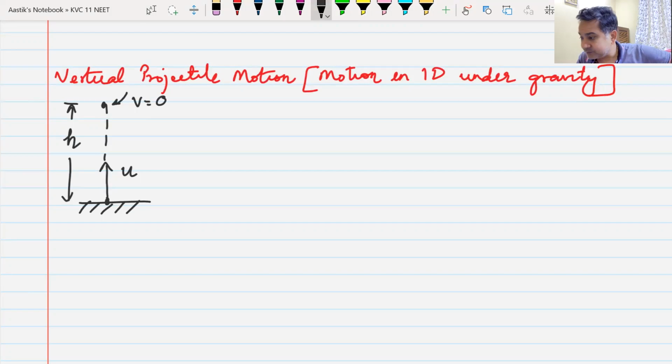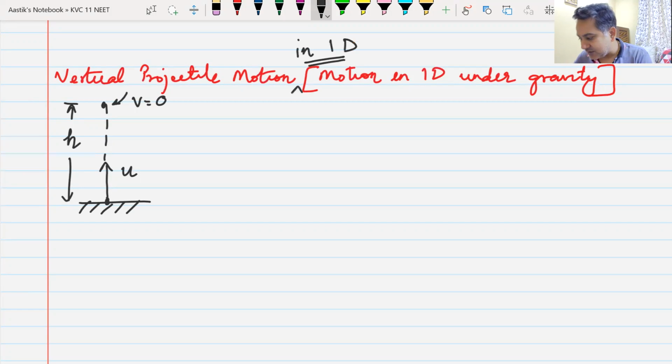Yes or no? That is also an example of projectile motion. We sometimes forget that motion under gravity is projectile motion in 1D. So instead of calling it vertical projectile motion, I can also call it projectile motion in 1D.